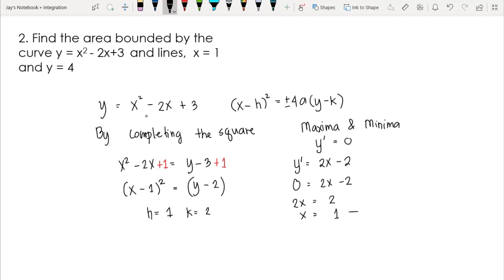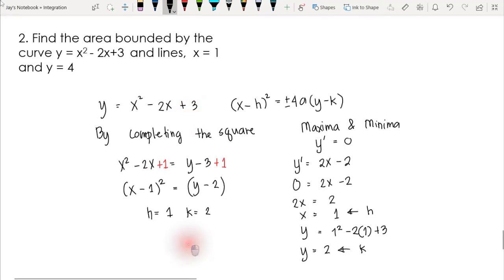So this is our h, or the x coordinate of our vertex. Now to compute for the y coordinate, just substitute the value of x in our equation. Then we have y is equal to 1 squared minus 2 times 1 plus 3, so y is equal to 2. So this is our k.